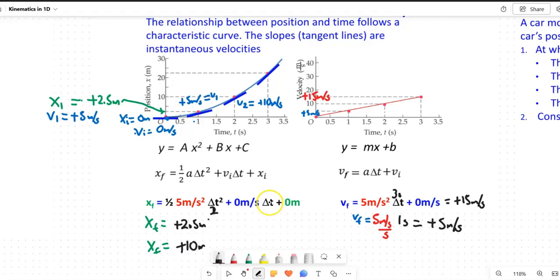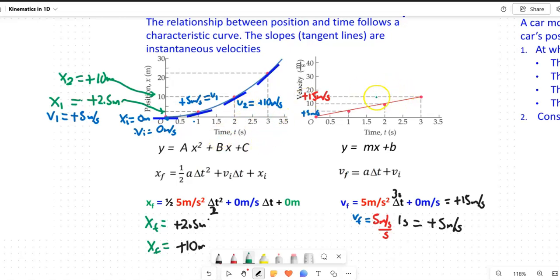And this is going to be 2 times 0, which is 0, plus 0. So this guy right here, 10, is going to be its position for the second with a slope of positive 10 meters per second.